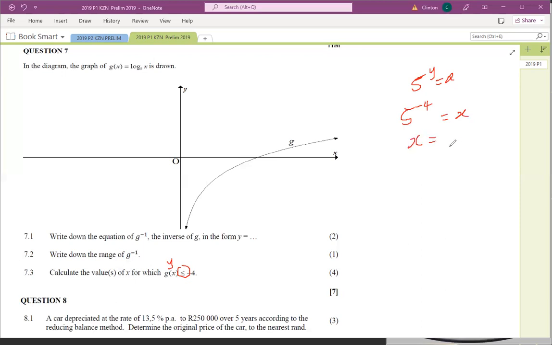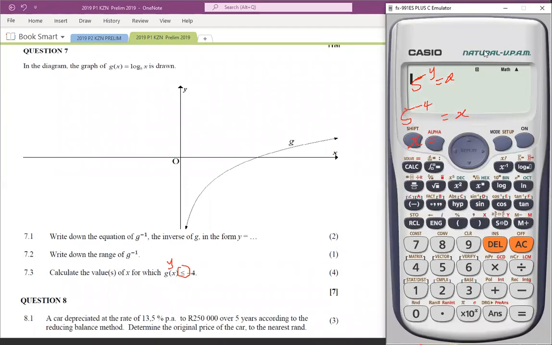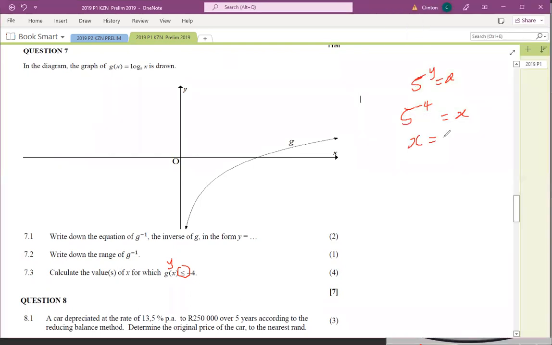Then x equals, let's check on our calculator quickly. We need 5 to the exponent of -4, which is 1 over 625.